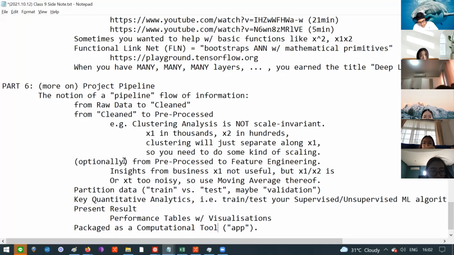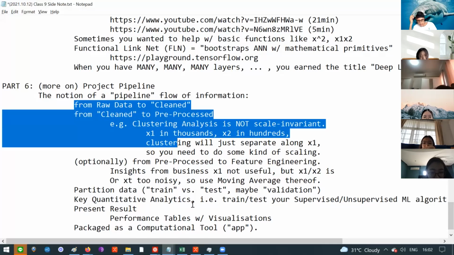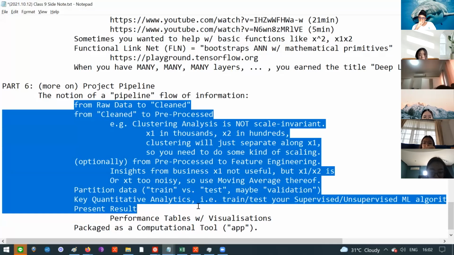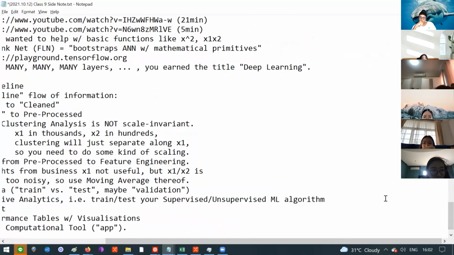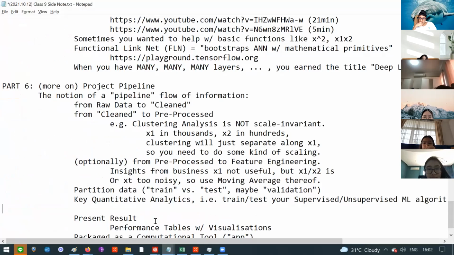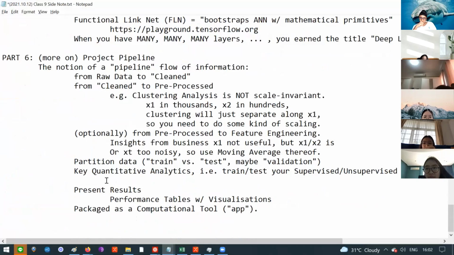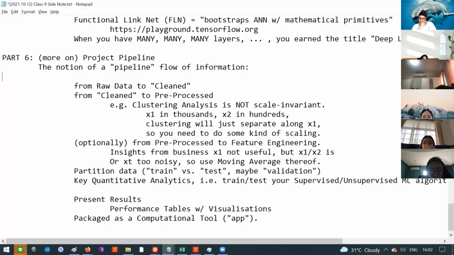Okay, so you will run through this all the way to here, right? All the way to here. This would be like you write a program, you generate the table, you generate the result, and then this is how you present your results, right? The result would have to come from this. So this is sort of like an input phase. So you can think of it as 3 phases.